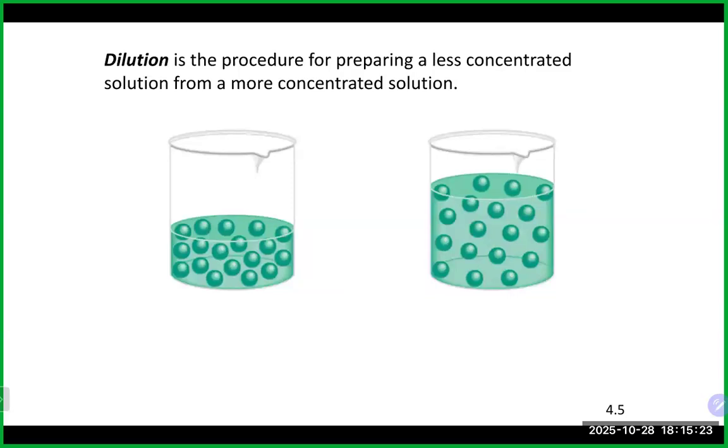Another process that's used with solutions is dilution. A lot of times solutions come in really concentrated forms. They're sometimes referred to as stock solutions, pretty high concentration. By the way, when we see a big number next to the M, like 18 molar, that's pretty strong, right?